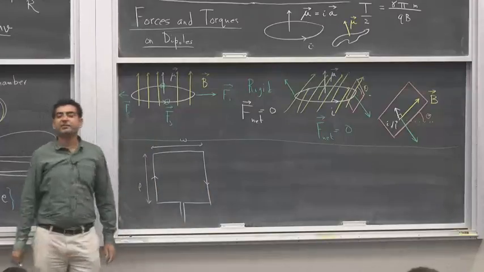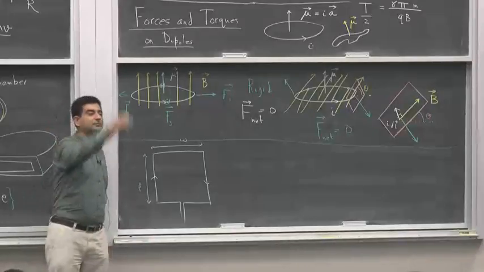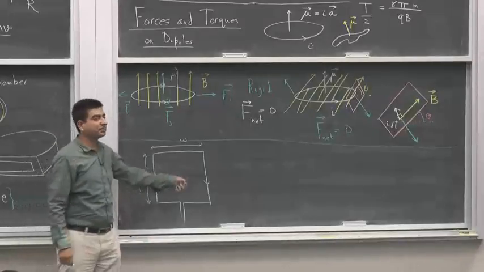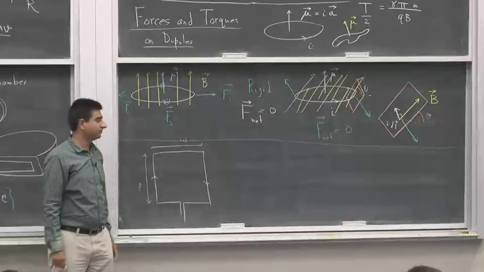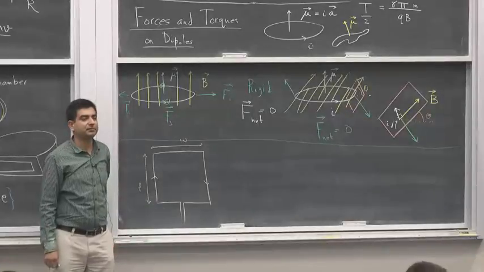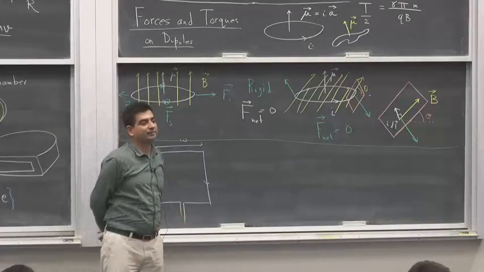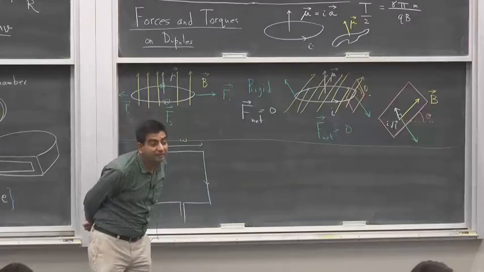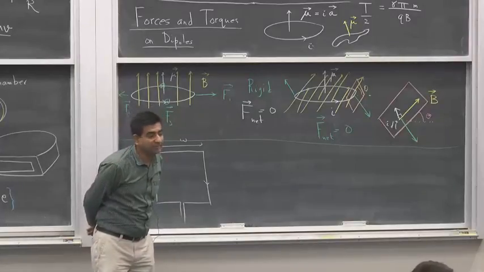Now what's the direction of the magnetic moment? Now what will be the direction of its magnetic moment mu if this is the direction of the current? You tell me. Perpendicular to what? To the plane, into the plane or out of the plane?